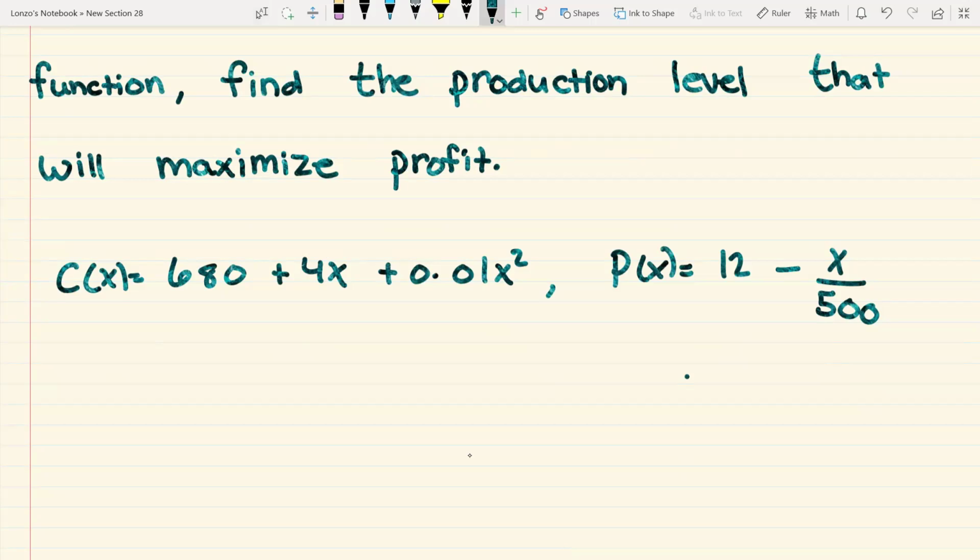Okay, so let's find that. So how do we find our production level? Profit is revenue minus cost. We do not have the revenue, but it can also be expressed as x times p minus c.